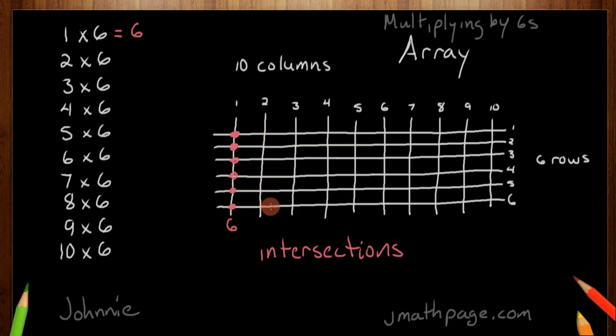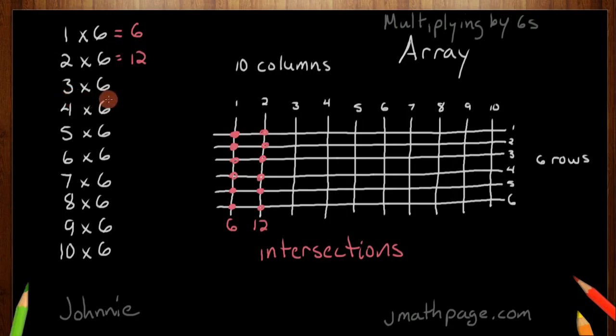Here are my 6 rows. Let's add the intersections. Now I had 6 before, 6, 7, 8, 9, 10, 11, 12. I have 12 intersections now. So if I have 2 columns and 6 rows, 2 times 6 gives us 12 intersections.